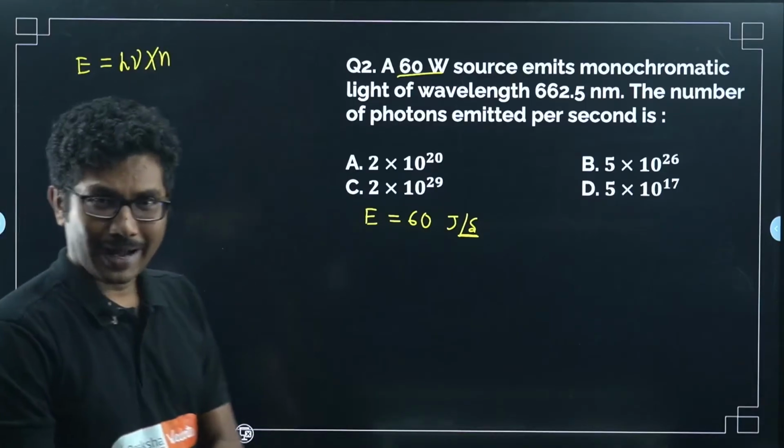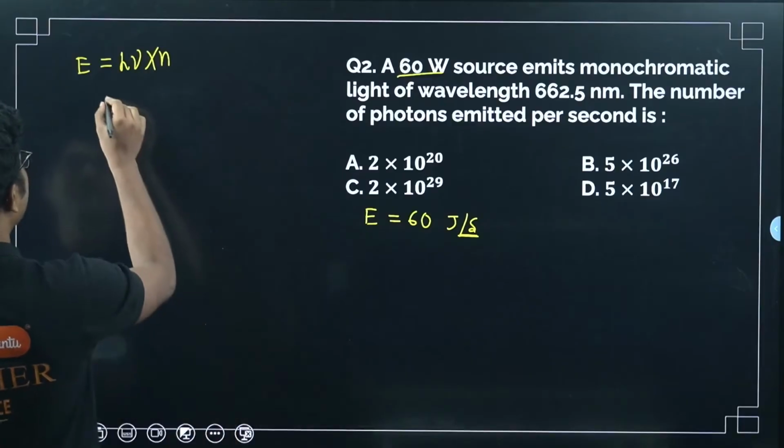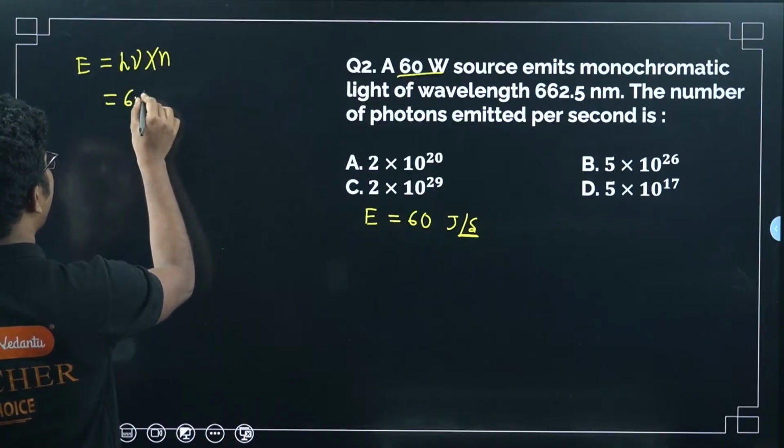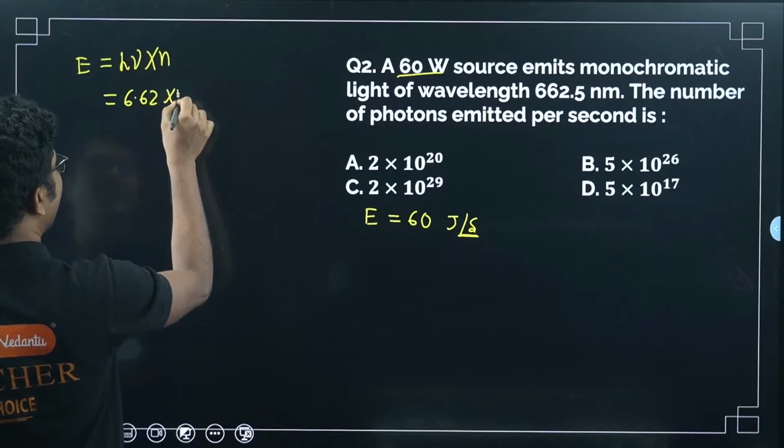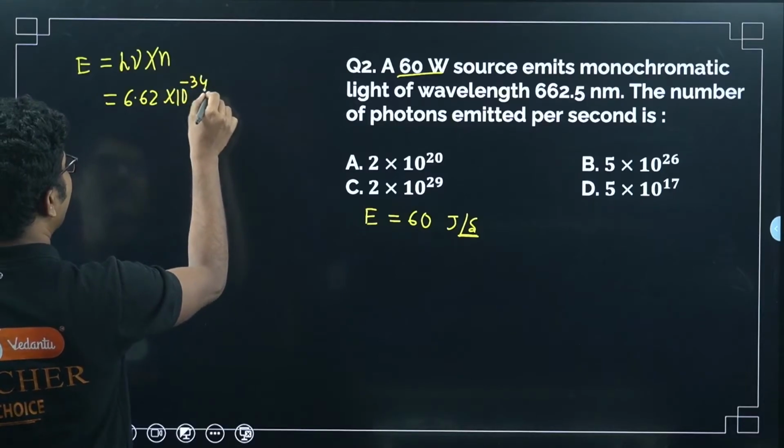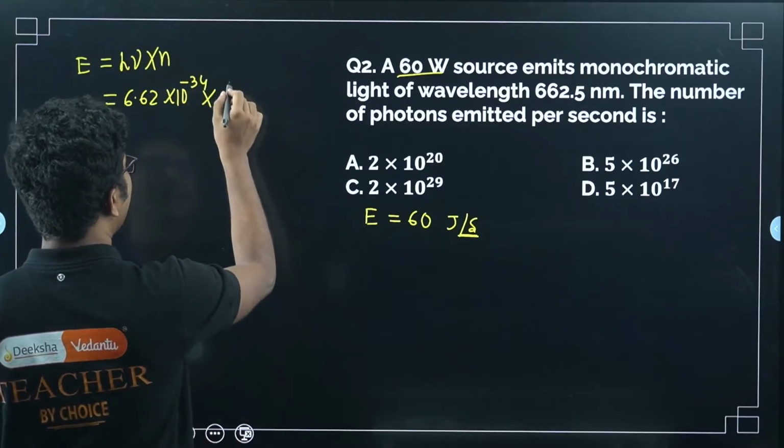Now the units should be matched. We know that h is 6.62 times 10 to the power of minus 34. Nu is c by lambda.